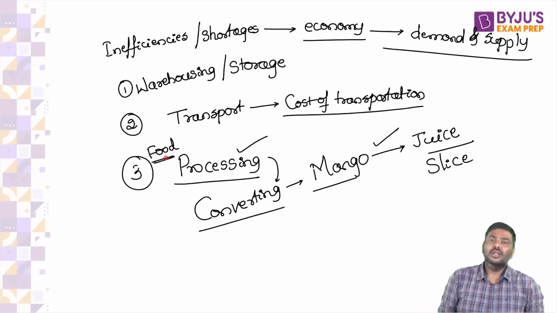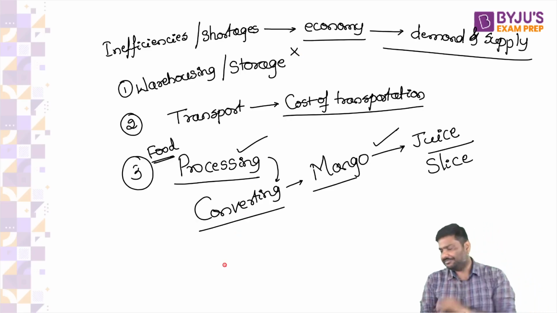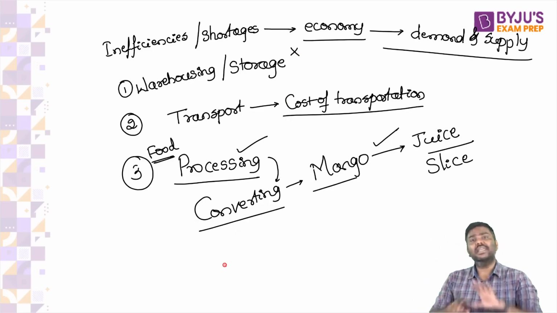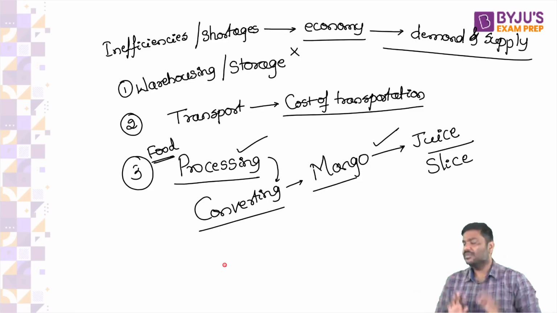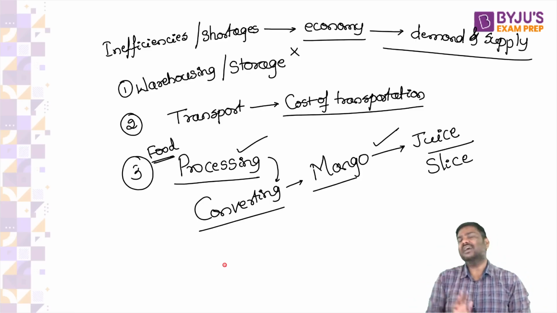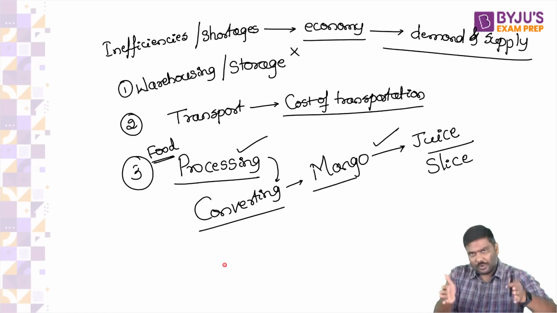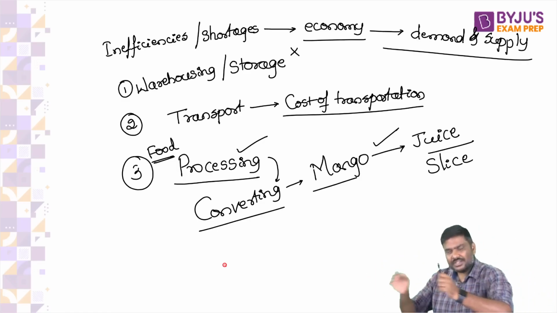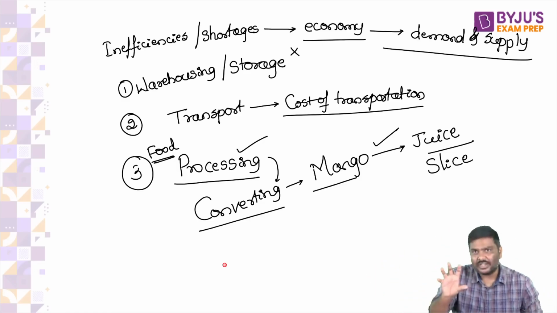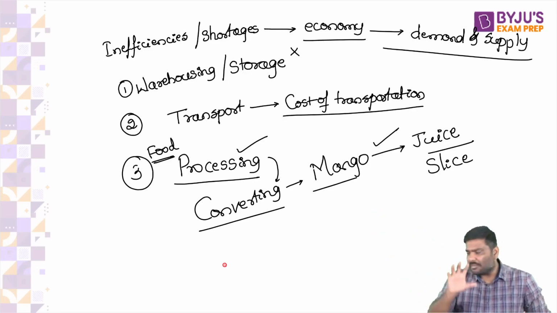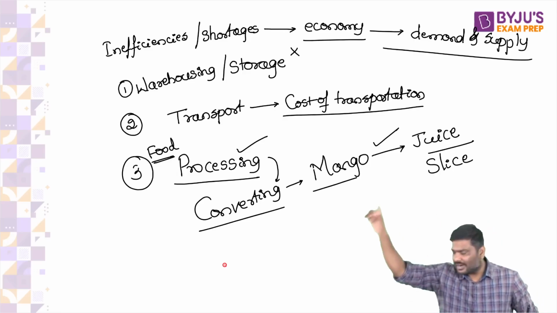Point number 1. We do not have sufficient storage capacity in India even today. Which means, please tell me the answer: if we are not able to store whatever we have produced in the warehouses, don't you think some of it will be lost because of sunlight, and some of it will be lost because of rainfall?